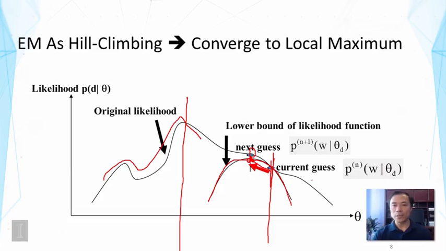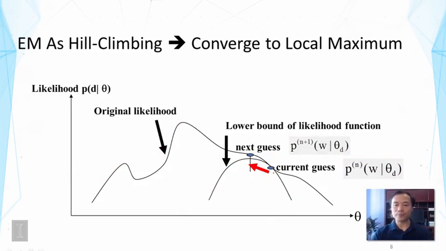So in our example, the current guess is the parameter value given by the current generation, and the next guess is the re-estimated parameter values. From this illustration, you can see the next guess is always better than the current guess, unless it has reached the maximum where it would be stuck there. So the two would be equal.